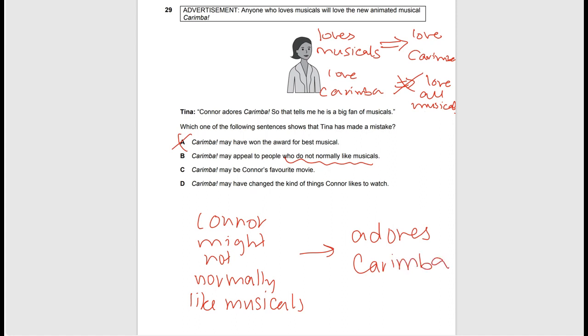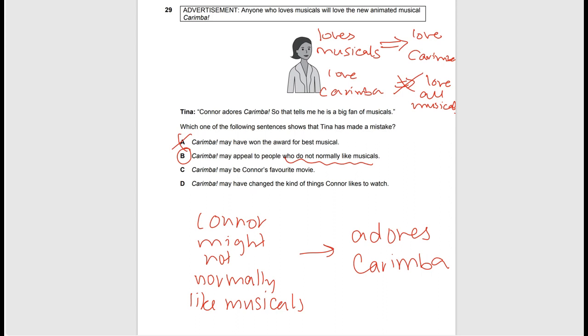Karimba may appeal to people who do not normally like musicals. That's looking like a good answer, because Tina says Connor adores Karimba, so he must love all musicals. That's not true, and that's why B shows that Tina has made a mistake.